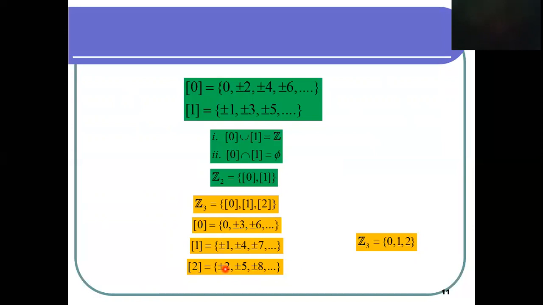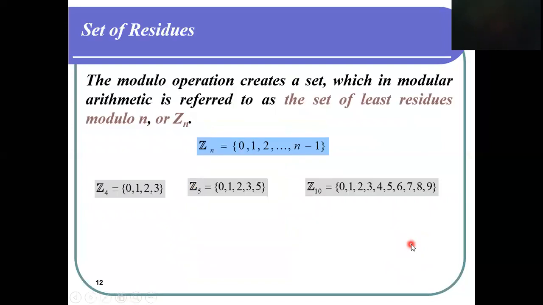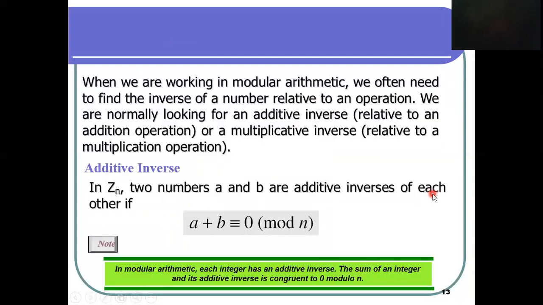Z3 can be written as {0, 1, 2}. In that case, dear students, the residue classes modulo n can be written 0, 1, 2 up to n minus 1. Z4 is 0, 1, 2, 3, Z5 is 0, 1, 2, 3, 4, and Z10 is 0, 1, 2, 3, 4, 5 up to 9.